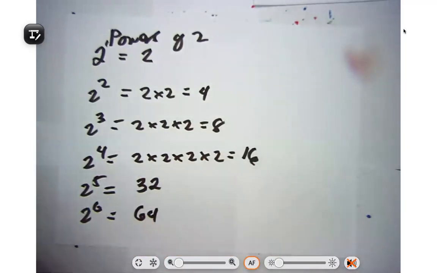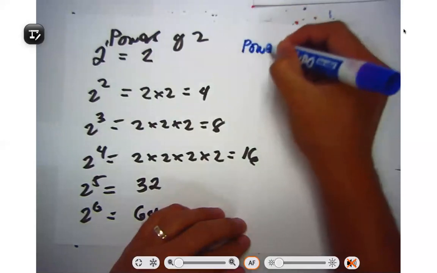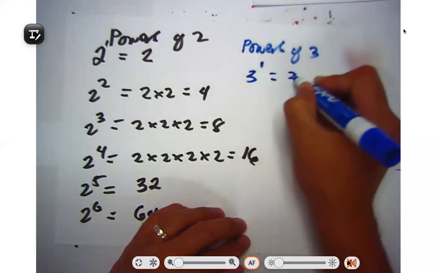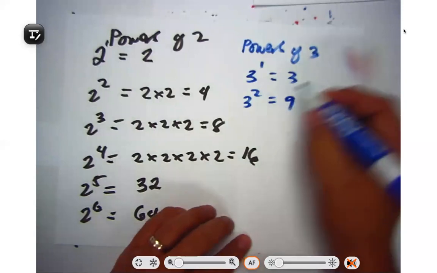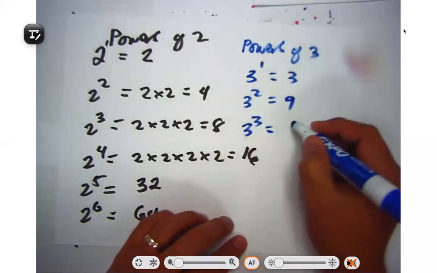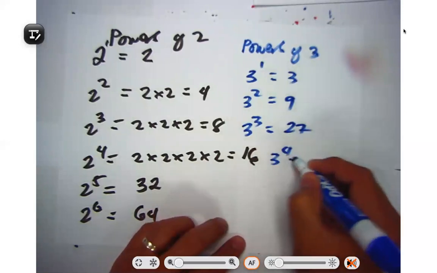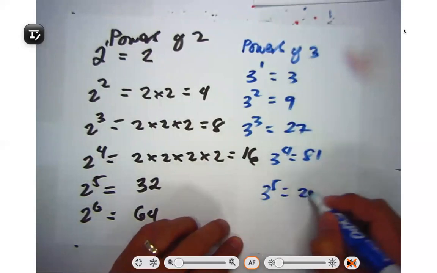Same thing with your powers of 3. So what are your powers of 3? Say I have 3 raised to 1, 3. 3 raised to 2, 3 times 3, is 9. 3 cubed, 3 times 3 times 3, 27. 3 raised to 4, 81. 3 raised to 5, 243, and so on.